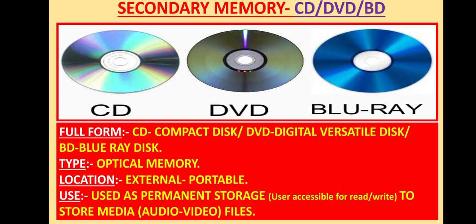They are also called external memory, and they are portable in nature, means once the data is stored onto this device, you can carry this device anywhere. It is used to store various types of audio and video files. It is also user accessible for read and write.